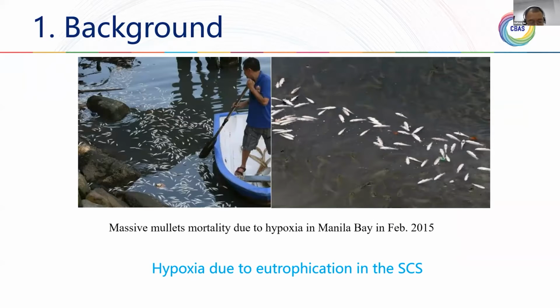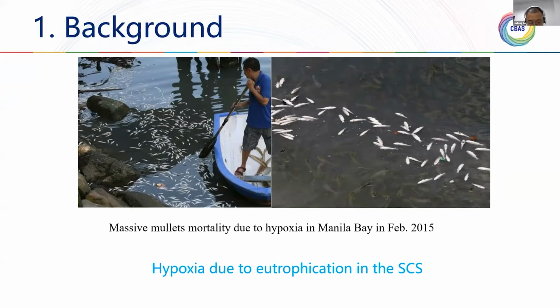Manila Bay is a well-known area suffering from eutrophication. In the 1990s, the dinoflagellate Pyrodinium was responsible for recurrent blooms in Manila Bay. But then the bloom species changed, possibly because the nutrient composition changed.